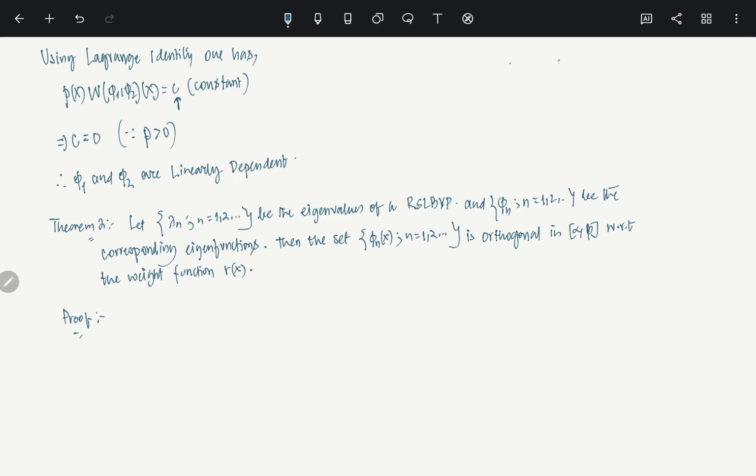Let lambda k and lambda l, k not equal to l, be eigenvalues, and phi k(x) and phi l(x) the corresponding eigenfunctions.